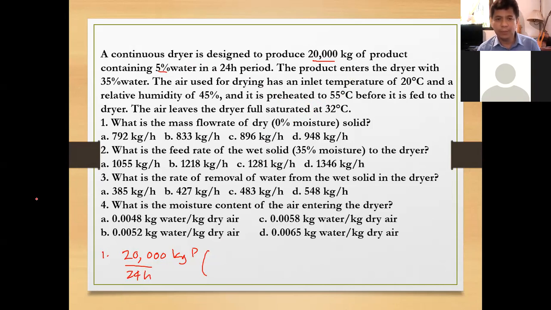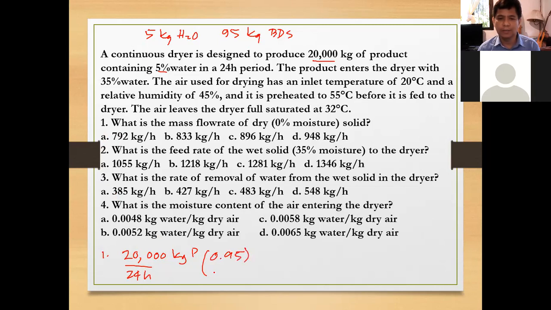So pwede namang multiply niyo lang ng 0.95, di ba? Another way, kung gusto niyo, kasi if you have 5% water, ibig sabihin niyan meron kayong 5 kilogram of water, kasama yung 95 kilogram ng bone dry solid. Pwede rin ganito. Pero as you can see, syempre ang pinaka-common sense ay times 0.95 lang.